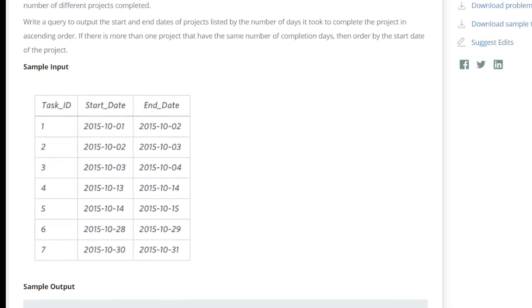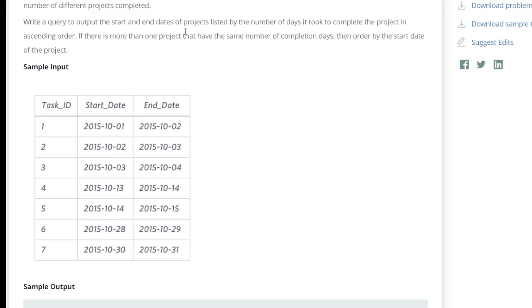Now what we need to do is write a query to output the start and end date of the projects, ordered by the number of days it took to complete the project in ascending order. Basically, we need to output the start date and the end date, and then order by the number of days it took to complete the project in ascending order.